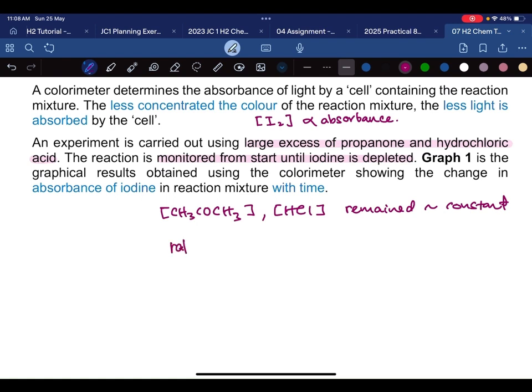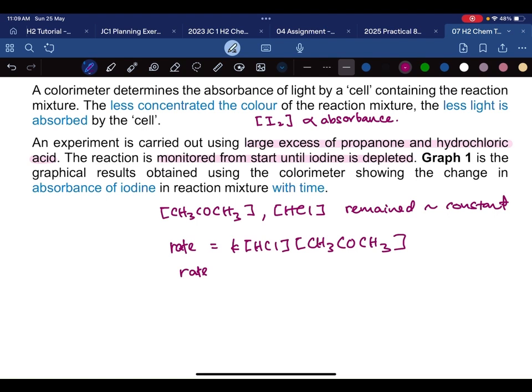So therefore, if you remember my rate equation, originally my rate equation looks something like this. This means I am now going to get my rate.